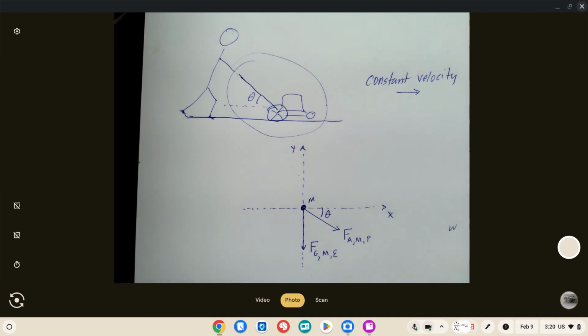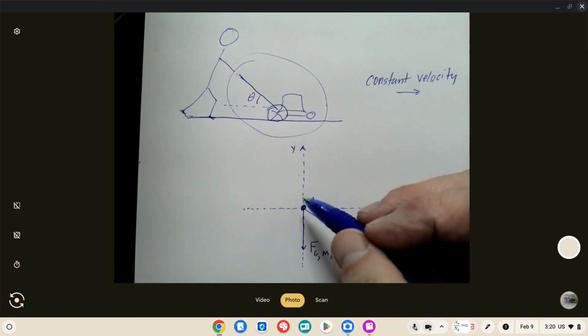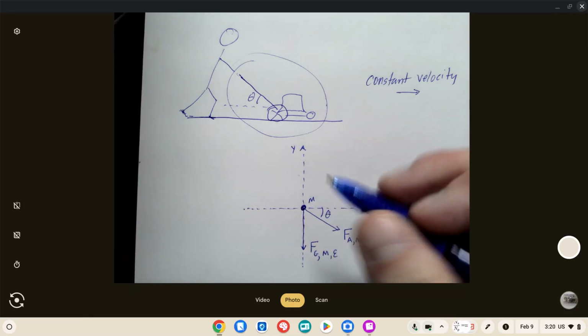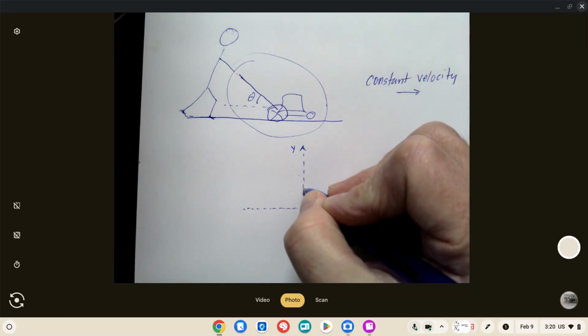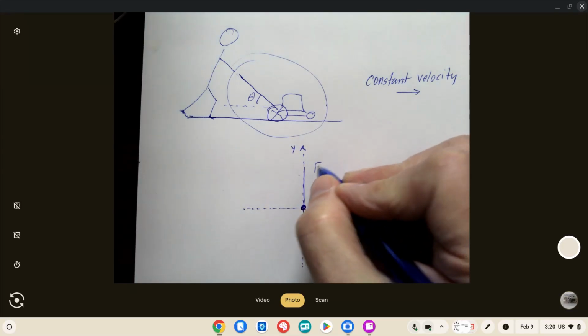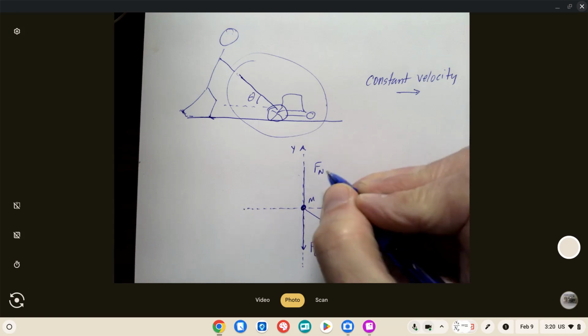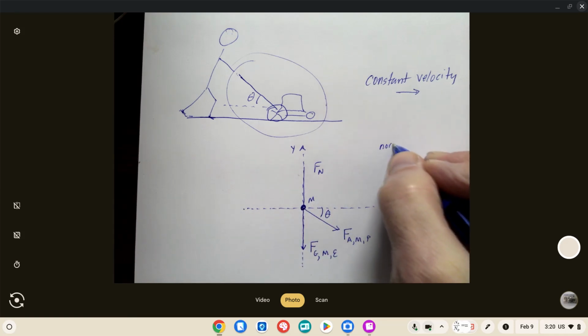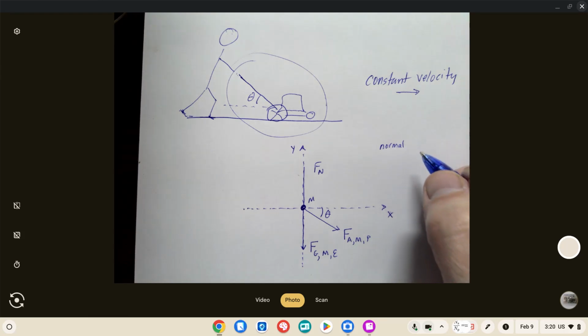Okay, I haven't talked about it yet, but if something is moving at constant velocity, Newton's first law says that the forces have to balance in every direction. So we know this thing is not falling through the earth, so there must be a force straight up on it. We call that the normal force. Normal meaning perpendicular, not normal as in everyday, average, or the normal thing to do.